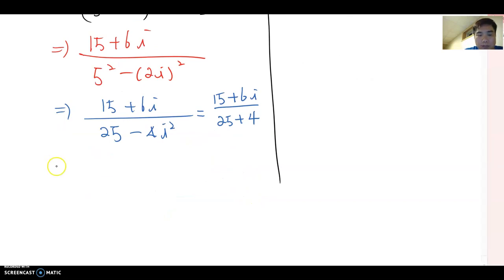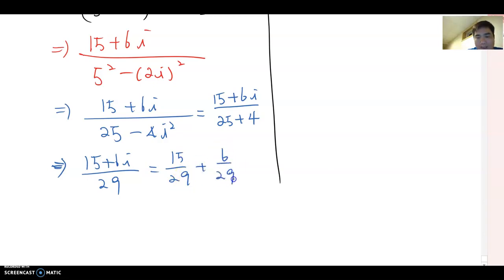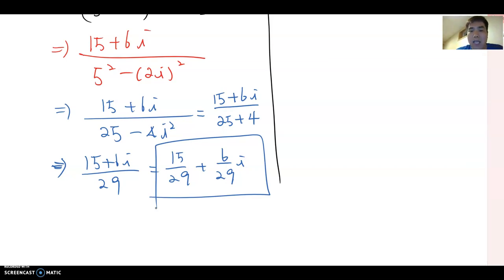Therefore, the answer is 15 plus 6i over 29. In complex number form, this becomes 15 over 29 plus 6 over 29 i. Of course, if we can simplify, you better do it, but since 29 is a prime number, we cannot simplify. That should be the answer for this division problem.